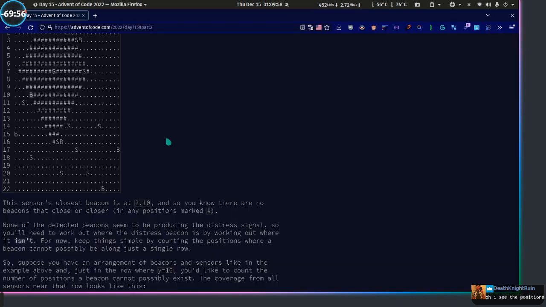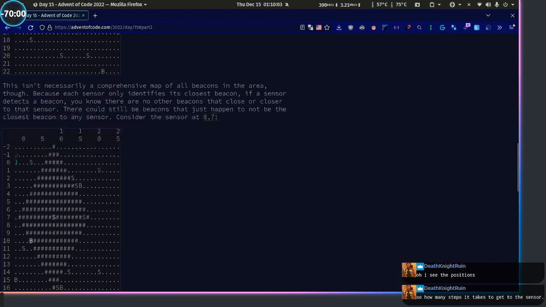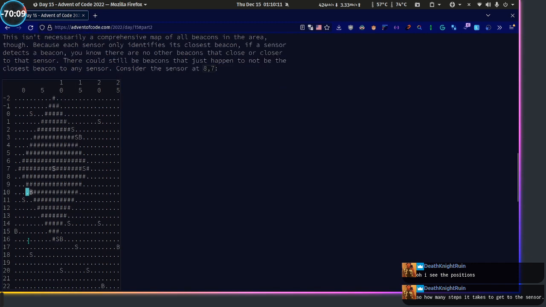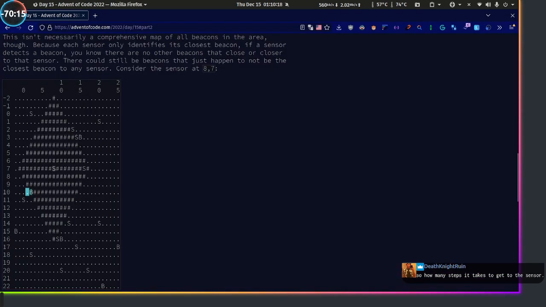3, 3. What's your X? 2, 10. Yeah, I'm trying this position. Now you say you're out of range of all of them, but that's not true.